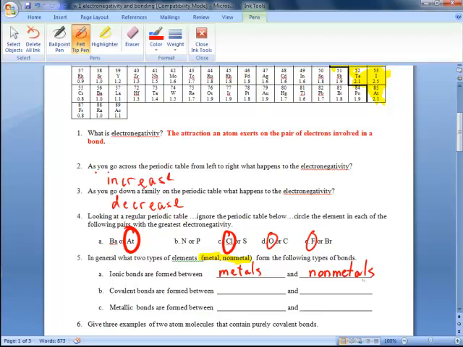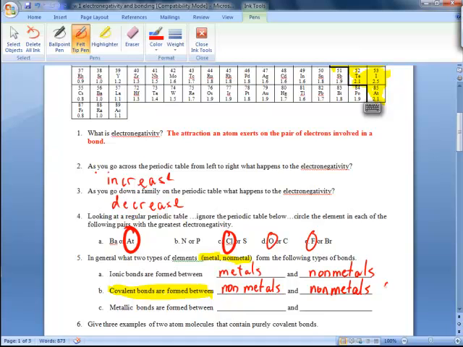But in covalent bonds, where electrons are shared, the electronegativity differences are small, and that means we're going to have nonmetals paired with other nonmetals. Those are going to be covalent bonds.